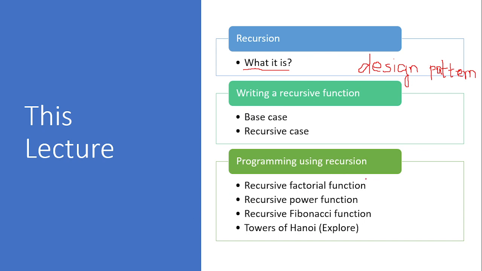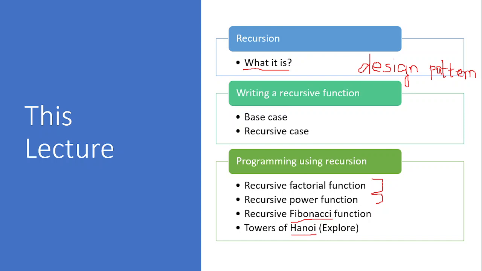For example, I hope you know how you have written the factorial function. I guess in one of the lab tasks I asked you to write this one. I hope you also know about the power function. You might not know about Fibonacci numbers and the Fibonacci sequence. We'll talk about that. And then there is a very interesting and very difficult problem called the Towers of Hanoi problem.